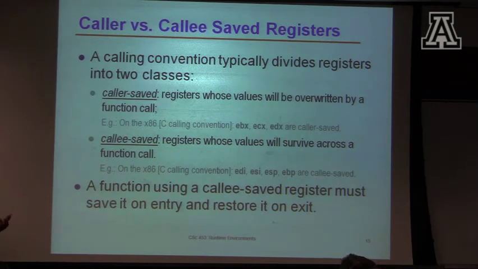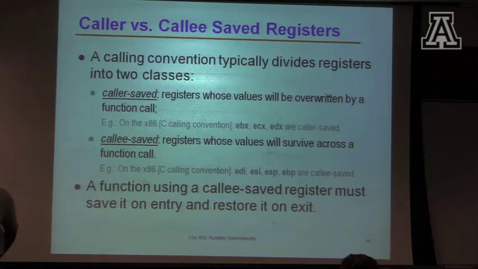The callee says, oh, I need these 10 registers, I'm going to save all of them, use them, and restore all of them. And maybe the caller needs just one of them. So there's a lot of wasted work happening if the callee saves everything, regardless of whether the caller cares about those registers or not.